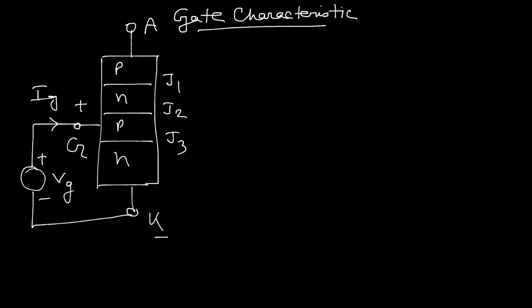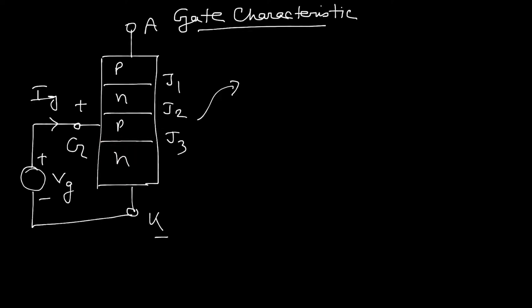In this particular case, when the supply voltage is given across gate to cathode, the positive gate current starts flowing from gate to cathode and across the junction J3.